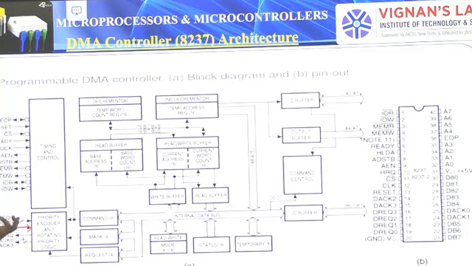So here we have the timing and control logic, end of process, reset and CS bar. That means this DMA controller handles all the operations related to the memory organization, without the involvement of the CPU. It can access the memory locations, so memory write, memory read, input output read and input output write operations.